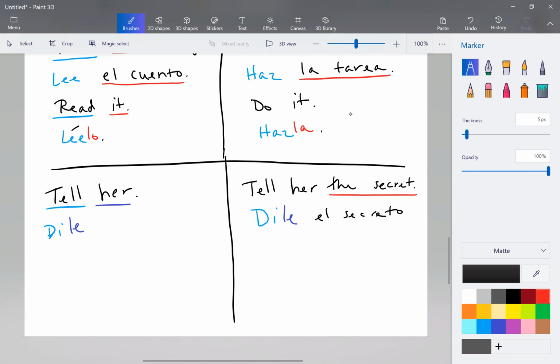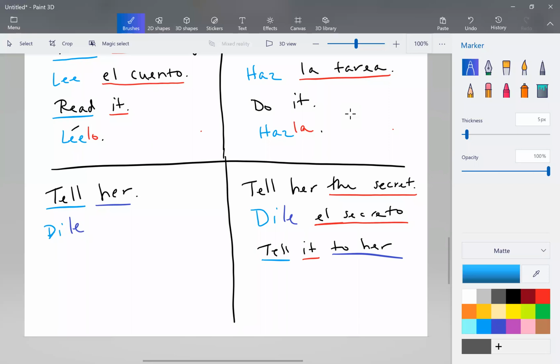But we can also replace this word with another word, like we did with la tarea and el cuento. Lo. Perfect. So tell it to her looks a little different.